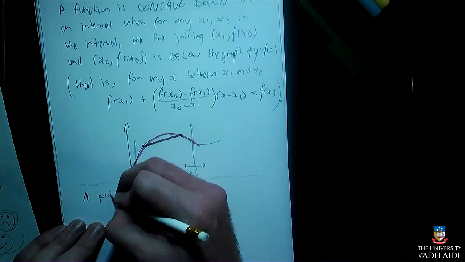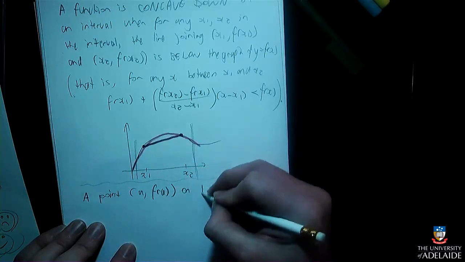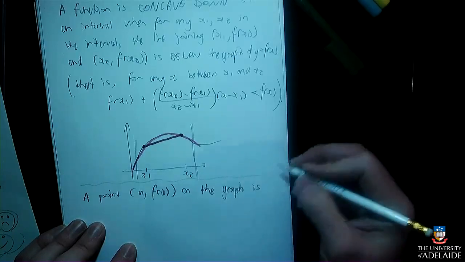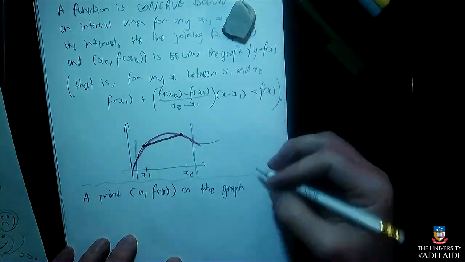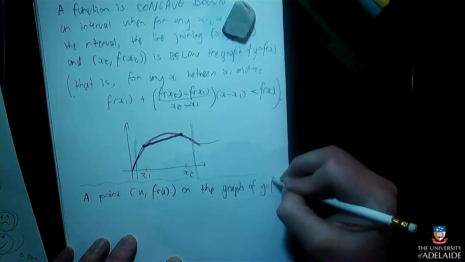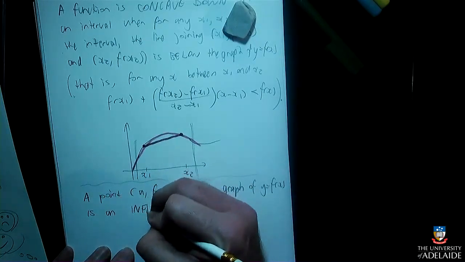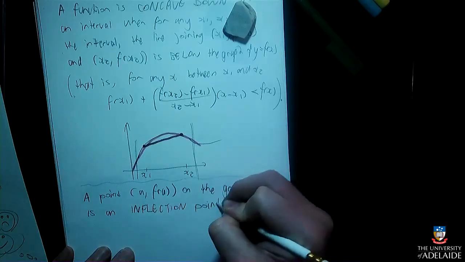So a point (A, f of A) on the graph of y equals f of x is an inflection point.